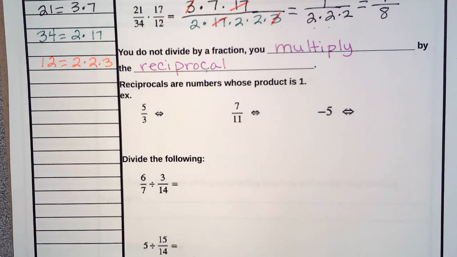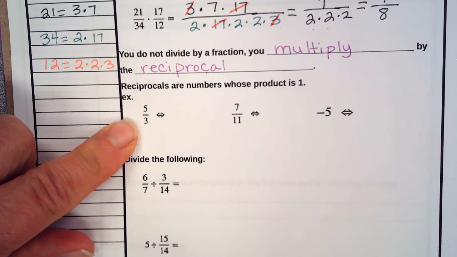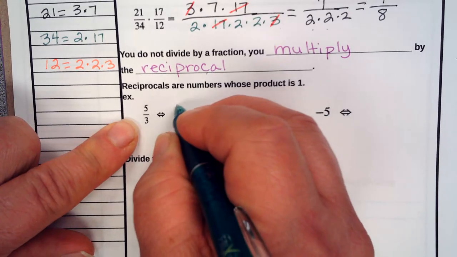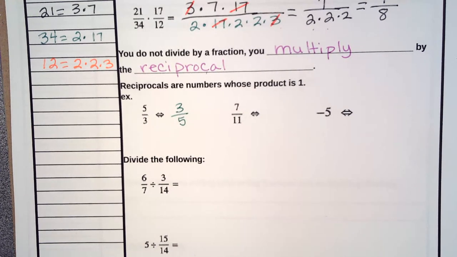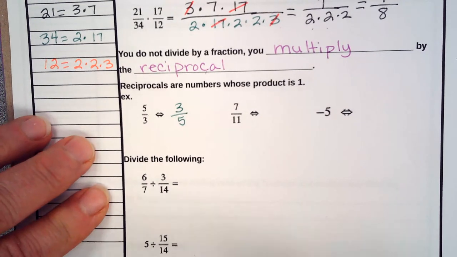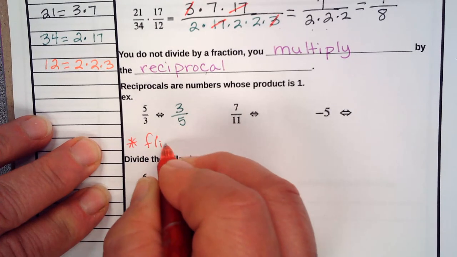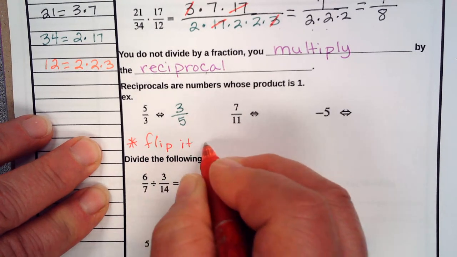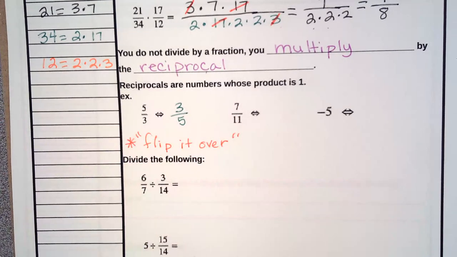What is the reciprocal of 5 over 3? All you do is flip it over and you've got 3 over 5. I call it flip it over.